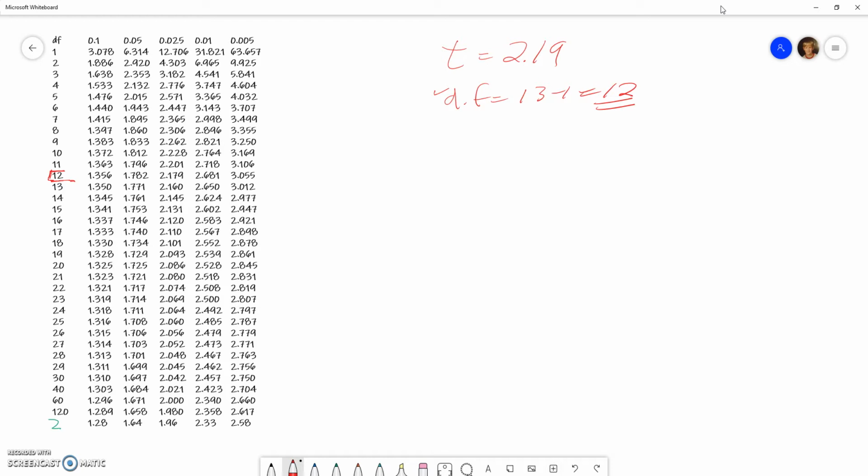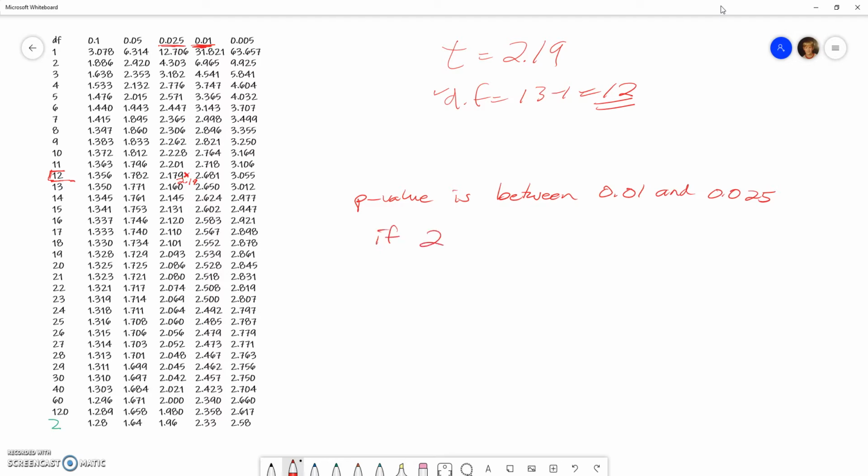It's going to go between these values here, really close to 2.179, but basically somewhere in between those two values. Then we go up to the very top, and this is basically the range. So the p-value is between 0.01 and 0.025.